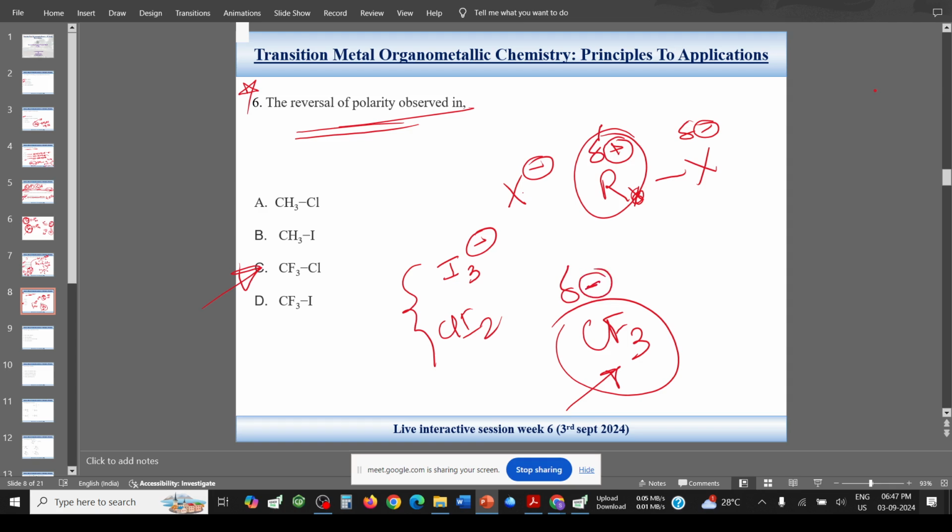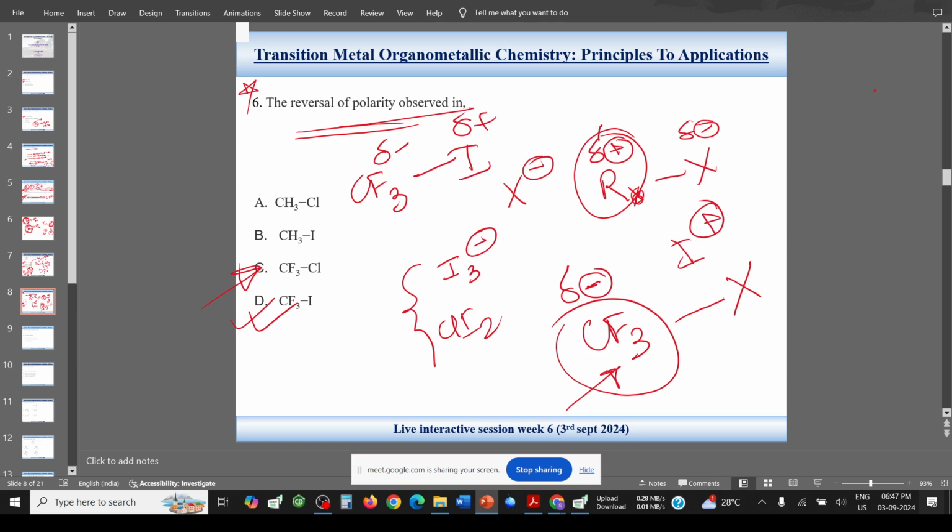So these become delta negative. So which halogen should this be? This is nothing but the iodide. The iodide one, because of its large size, may exist as iodide plus. So CF3 delta minus, we have iodide delta plus.